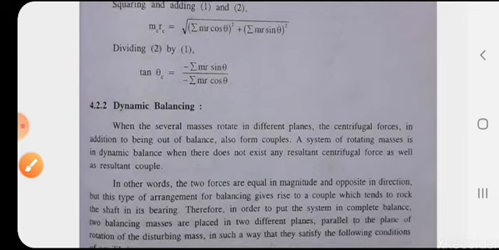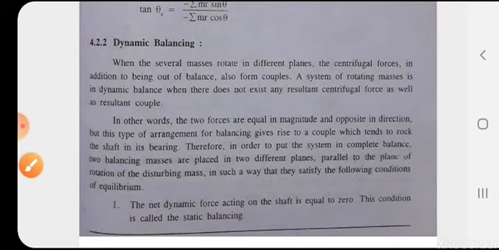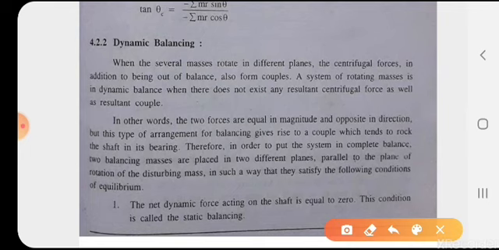So this is about static balancing, and let us discuss what is dynamic balancing. Dynamic balancing is a balance due to the action of inertia force.